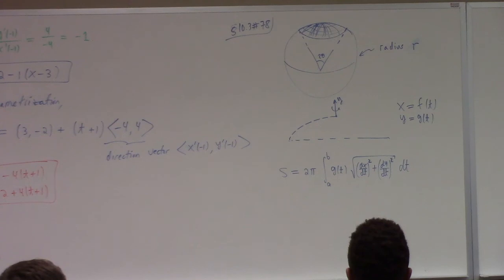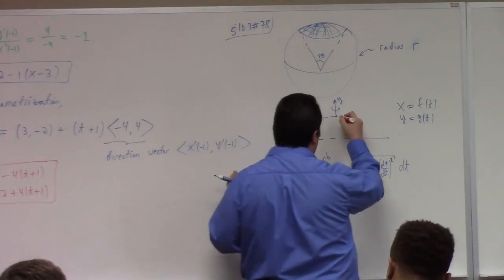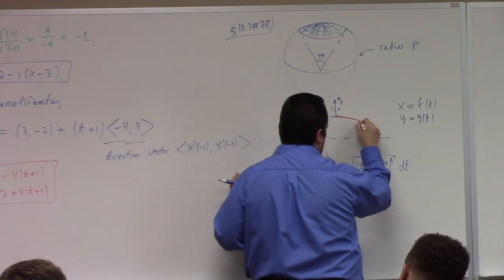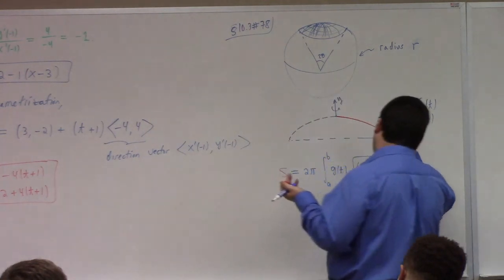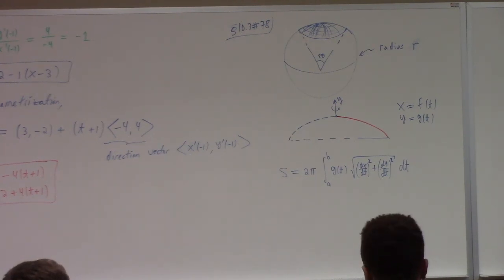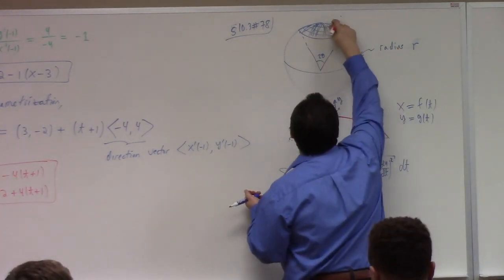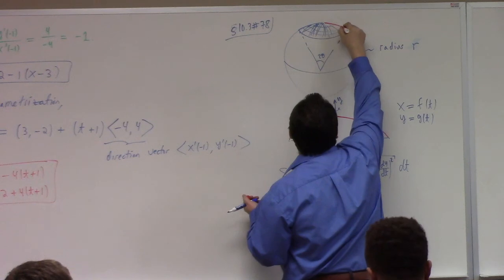So I guess my question, this problem, number 78, you actually have to come up with the parameterization. You have to think, okay, well, this is a surface of revolution, right? So what should I make x and what should I make y here? Is that red line like the top part? That would be, in my view of it, just this arc right here.